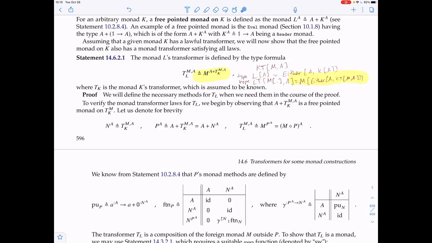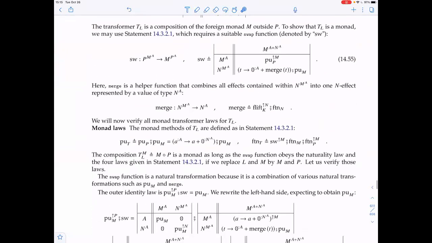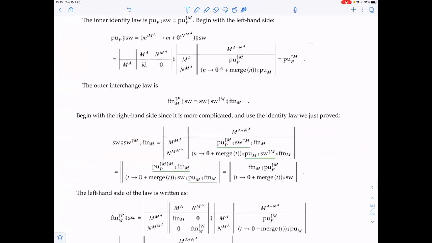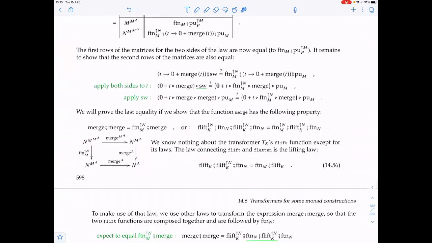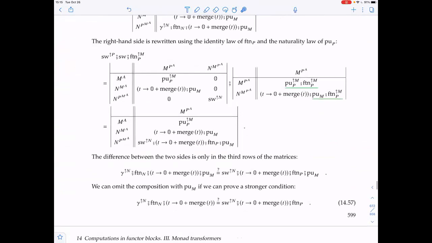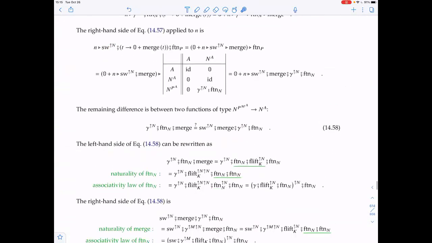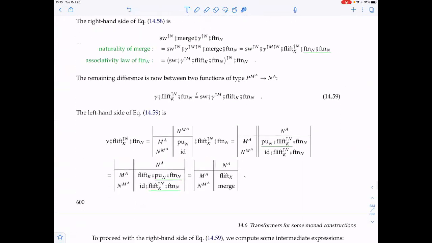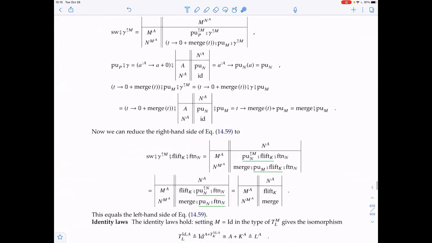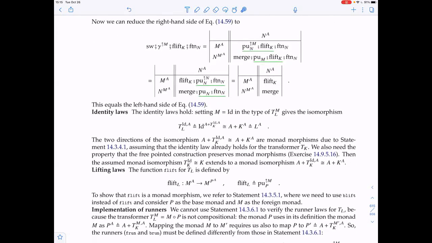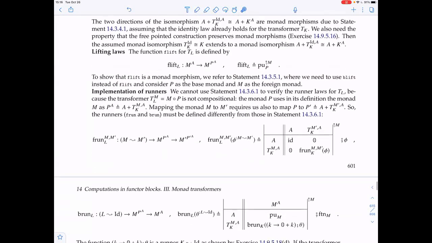So then we need to prove that this transformer is correct. The proof is quite involved. It is based on a certain kind of swap function, but you cannot use directly the properties of the swap function. You do use it, but it is not the same because it's not a compositional transformer. There is a certain place where you can use some of those properties, but a lot of the proof needs to be written separately from that.